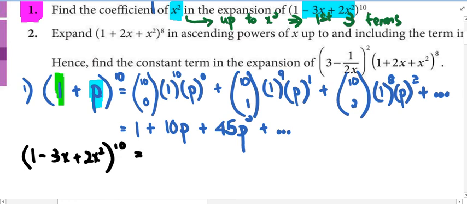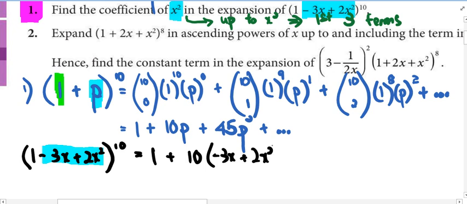this means I make use of the answer in the first part that is in blue. I replace my p by negative 3x plus 2x squared. Alright, so I'm going to replace that. Every time I see p, I replace by negative 3x plus 2x squared because this is the original question.